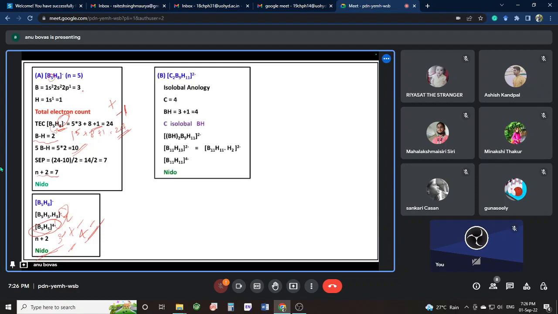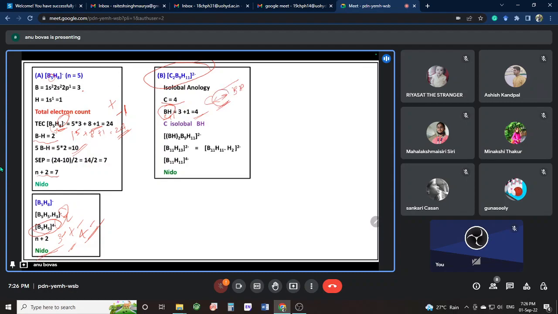The second one is C2B9H11 2 minus. In this particular case, we will need the use of isolobal analogy. We saw earlier that carbon has 4 valence electrons and BH has 3 plus 1 equals 4 valence electrons. Therefore, carbon is said to be isolobal to BH.